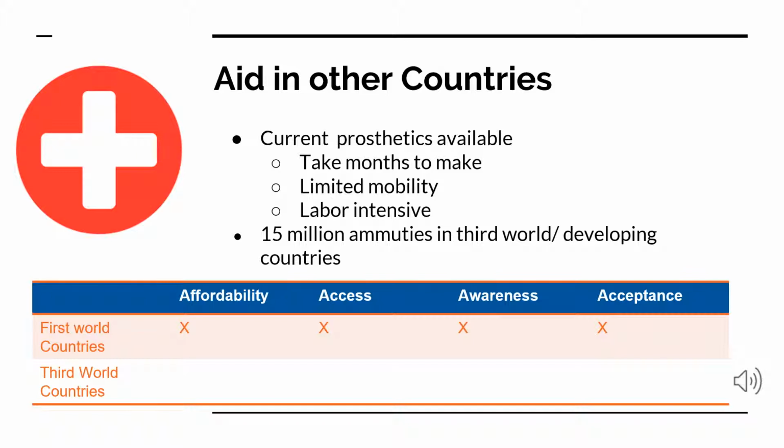Yet, in other countries, most likely third world countries and countries where there's still more development being done, people aren't able to benefit from this growing market. From this table, we can see the difference between first world countries and third world countries in terms of affordability, access, awareness, and acceptance.